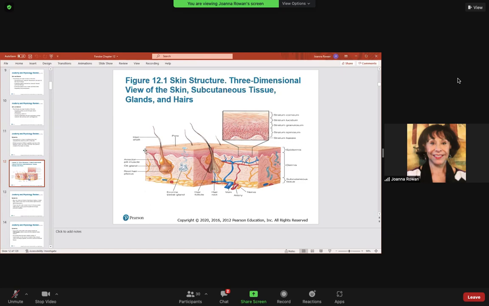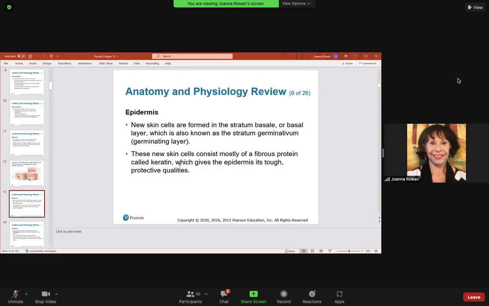And this is nice to know. So this is just so you get a mental picture of the structures. In the epidermis, new skin is formed in the stratum basale or basal layer, which is also known as the stratum germinativum or germinating layer. And that is nice to know.